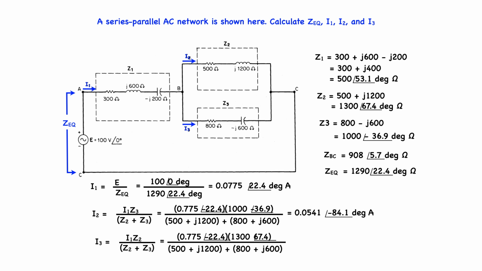Again, I'm not going to go through the coordinate conversion and mathematics. The final outcome is a current that is equal to 0.0709 at 20.2 degree amps.